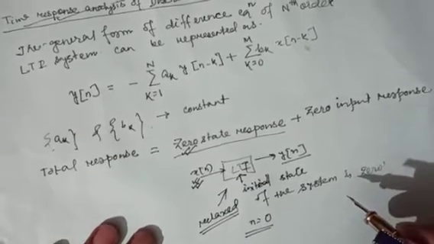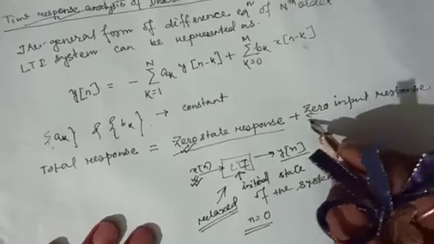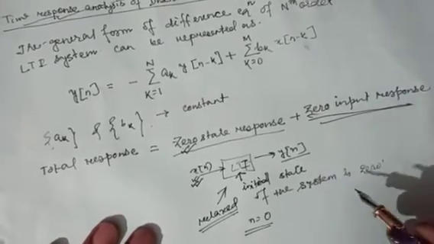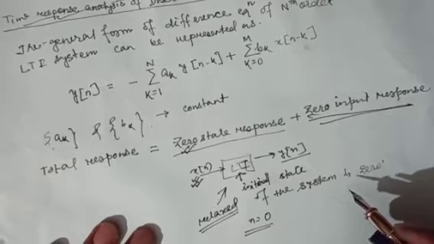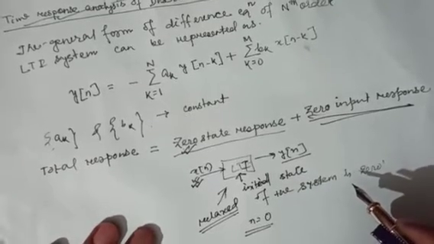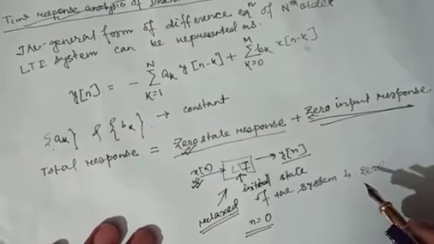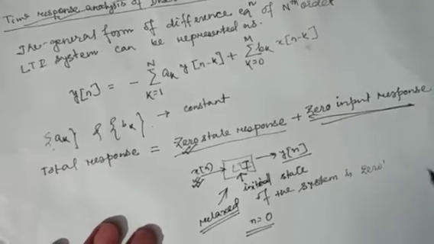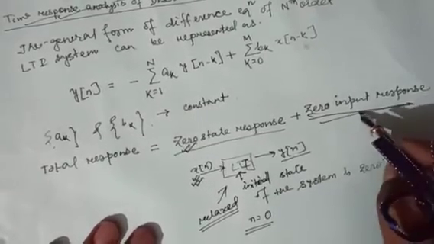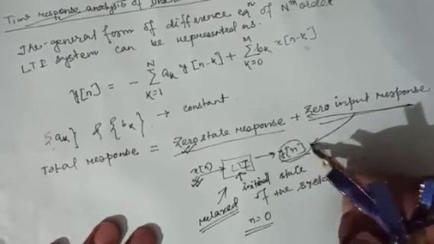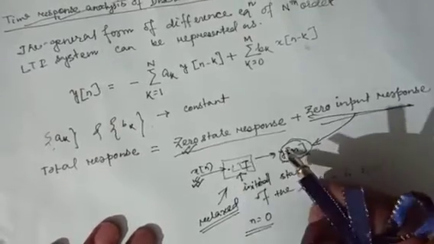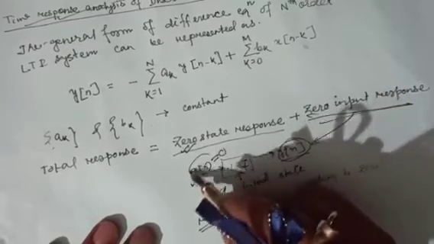On the other hand, the zero input response is the response of the system due to the initial state of the system only. That means this is the output y of n of the system when the input is 0, okay.